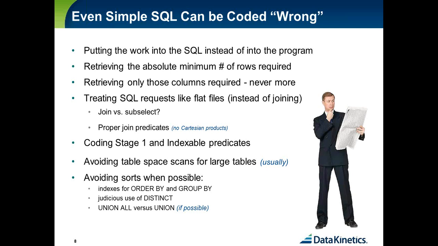But learning how to do it means joins, proper join predicates, no Cartesian products, understanding what stage 1 and indexable predicates are, and using them as opposed to stage 2 and non-indexable. But don't go overboard and say, I'll never code a stage 2 predicate, and then cause yourself to write exclusion logic in your program. Well, that's even worse than using stage 2.